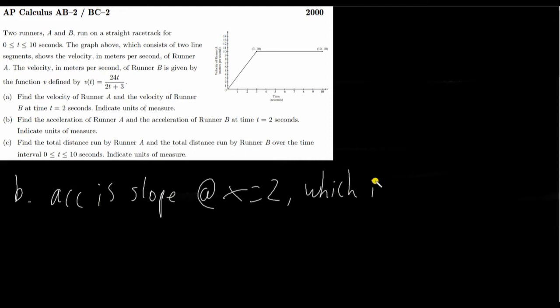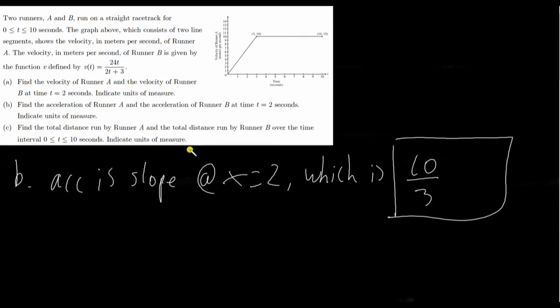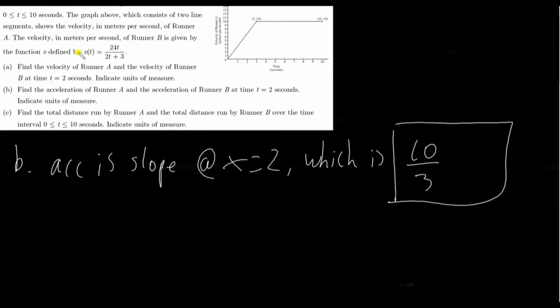So the acceleration is the slope at t equals 2, which is 10/3. And then for runner B, the acceleration is again the derivative of velocity, but now since we have an equation, we have to take the derivative of this using the quotient rule.